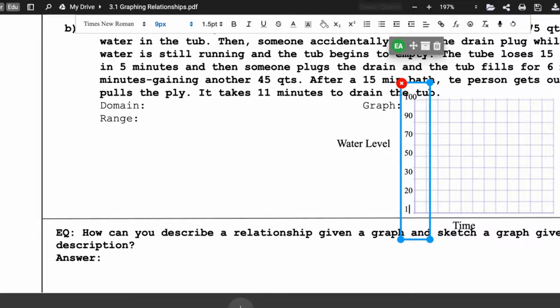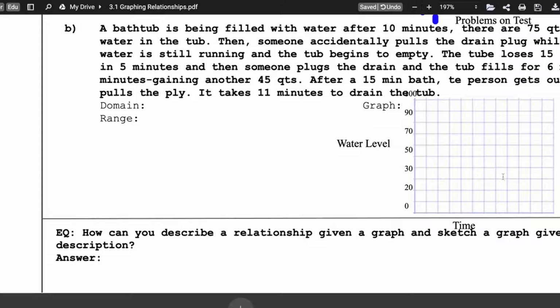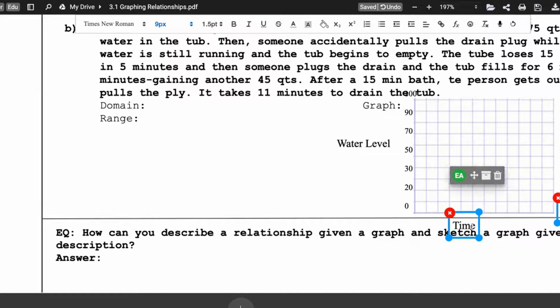That's at 20. And then 0. So this is just to give us a rough idea of what's going on. I know it's not 100% perfect, but it works out. And then for time, we're going to count by 5 minutes. I'm just going to say count by 5 minutes on here instead of writing it out, because obviously that didn't work out very well the first time.